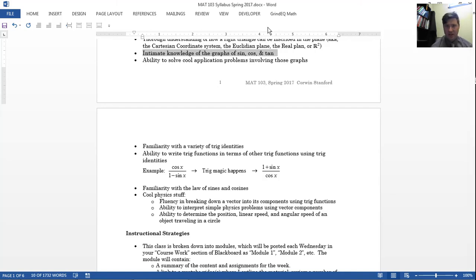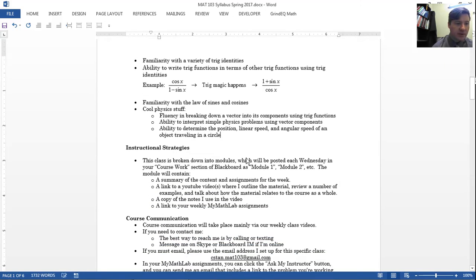We're going to talk about graphing. It's a big part of trig. I want you to have an intimate knowledge of these graphs: sine, cosine, and tangent. Really sine and cosine. People are very interested in these. They have a lot of applications in physics, engineering, and sound engineering.